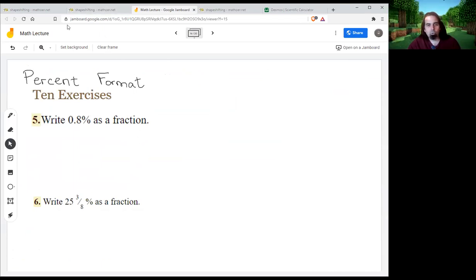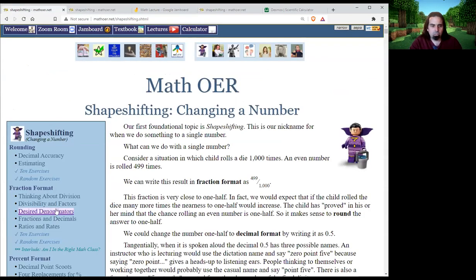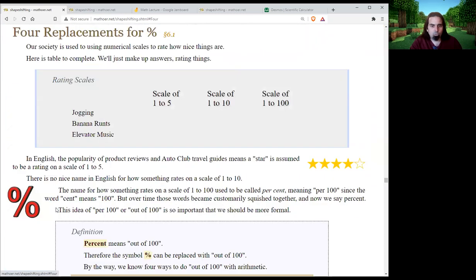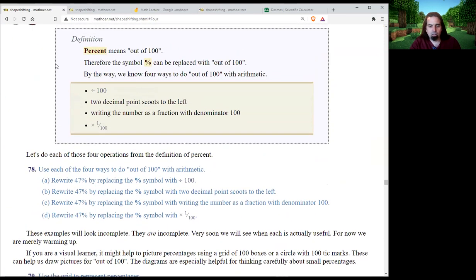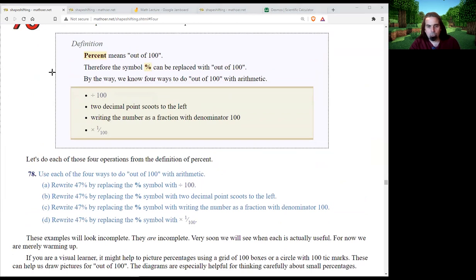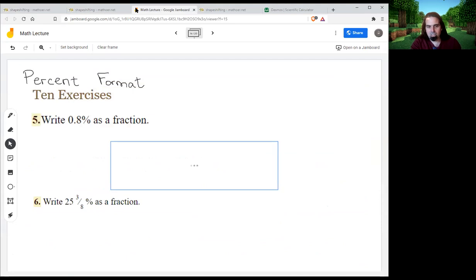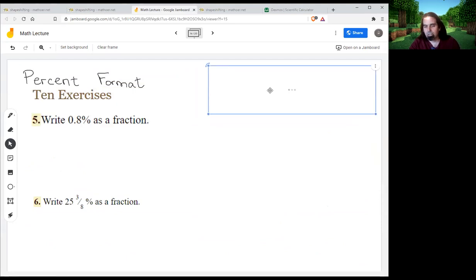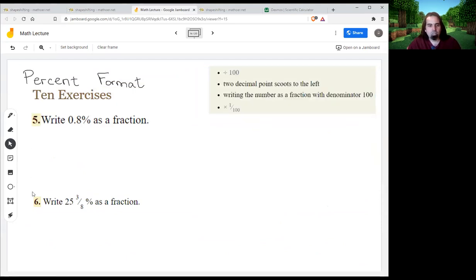Okay, so the secret for all of these was that there were 4 ways to do out of 100, and we had to figure out which was the easiest in our situation. So if I wanted to go from percent to fraction, I can replace that percent sign with something, which was the easiest one to do.